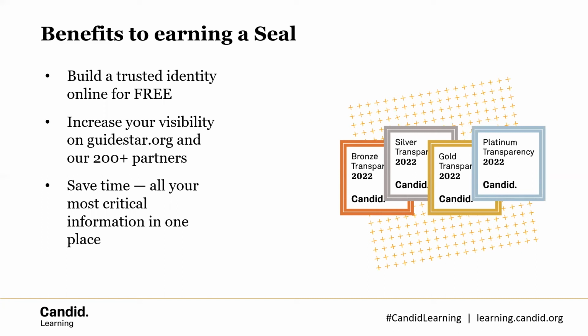So donors are looking at that profile, and this helps make the case for funding your work. Donors might even look at your Candid profile before they look at your website. So you want to make sure that information is up to date and effectively highlighting your work. It just makes you a more attractive candidate for funding.